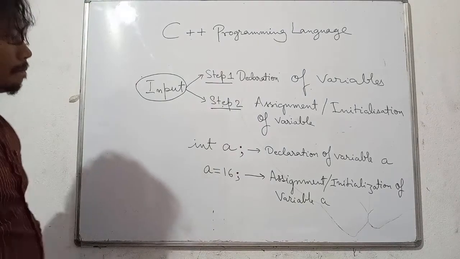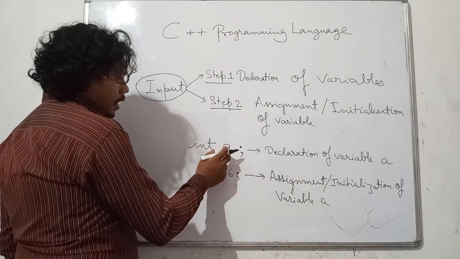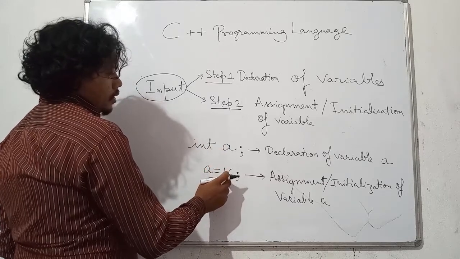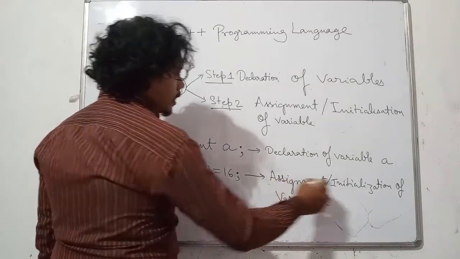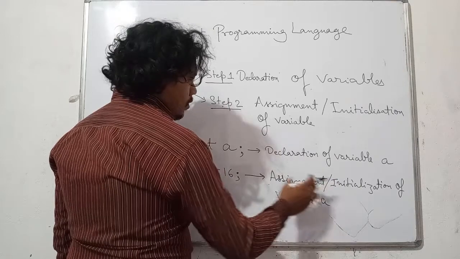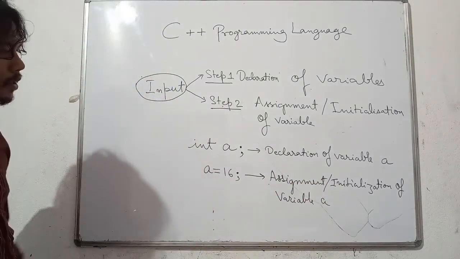So int a, and a is equal to 16. So this is the second step, initialization or assignment of variable. This you have to keep in mind.